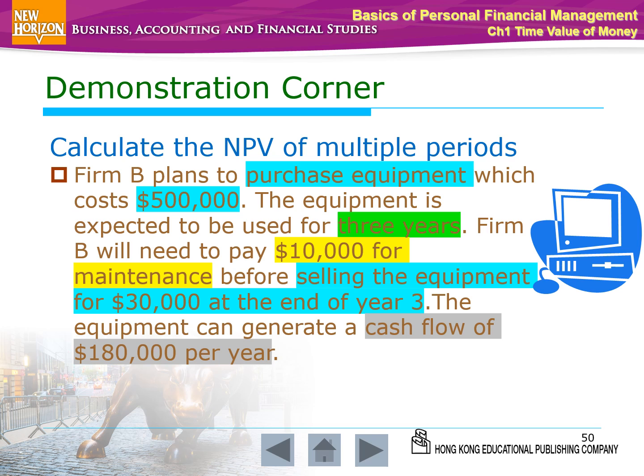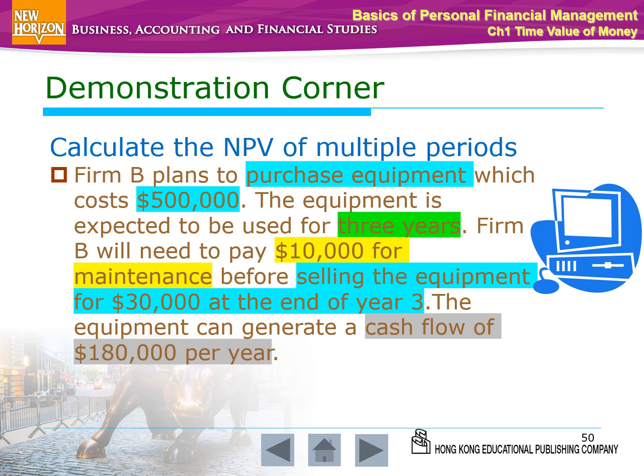Firm B will need to pay $10,000 for maintenance before selling the equipment for $30,000 at the end of year 3. So at the end of year 3, there should be a cash outflow of $10,000 for maintenance, but we have a positive $30,000 by selling the equipment.